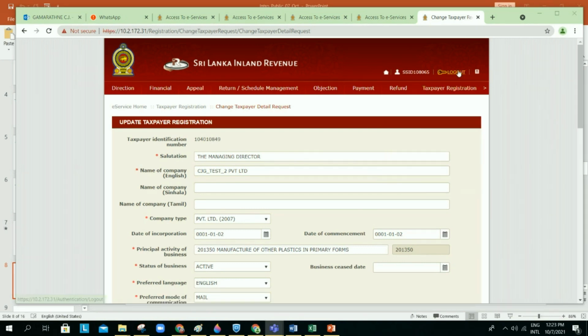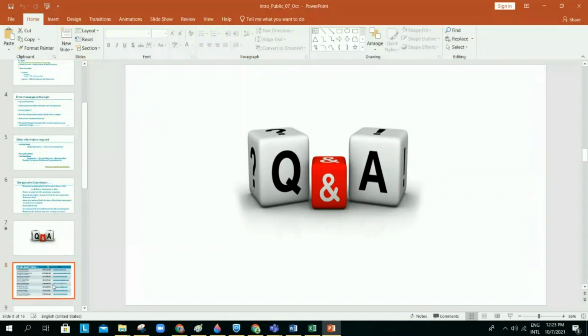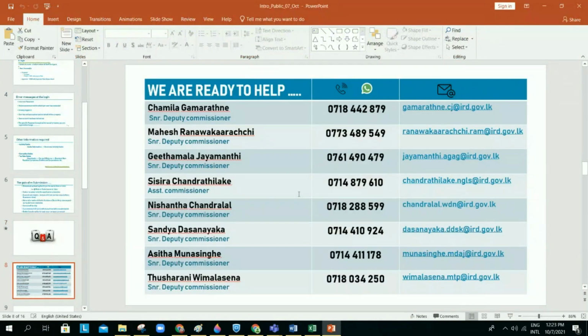The next one asks with regard to the leasing allowance. Actually, there is no specific place to enter the leasing allowance. What you have to do is, under Schedule 8, there are blank places. You have to calculate the leasing allowance, mention this value in that place, and deduct the leasing allowance using this blank place.